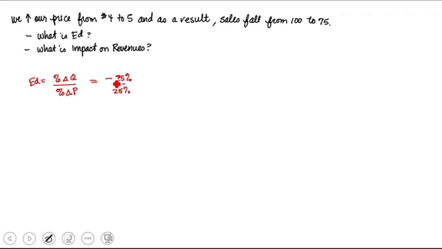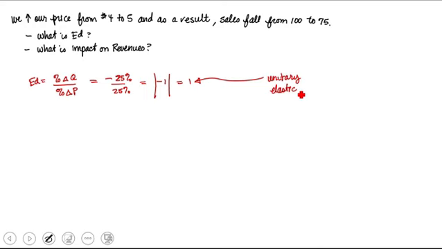Everyone get that? Okay, so that gives me a -1, right? Everyone agree? Which gives me an elasticity of demand of 1. So what do we call elasticity of demand equal to 1? Is it inelastic? Is it elastic? Unitary elastic. Good.